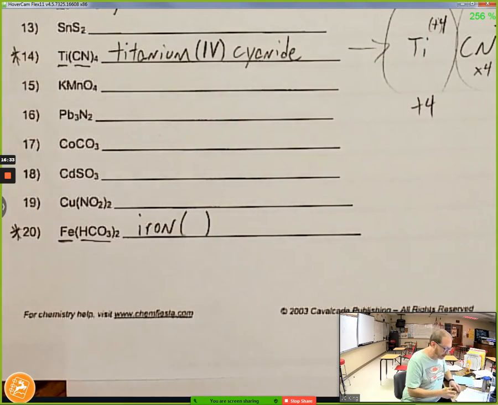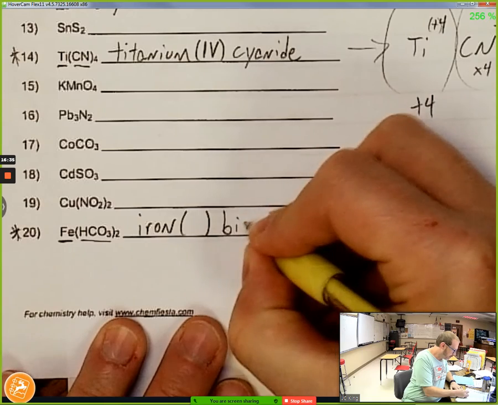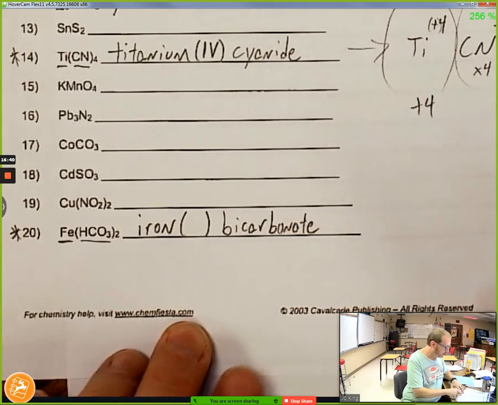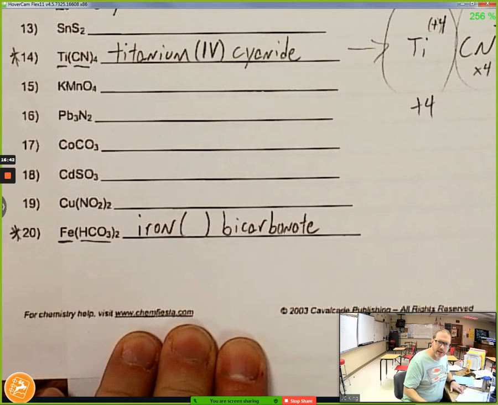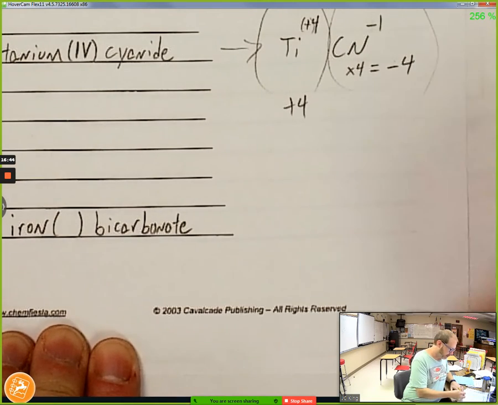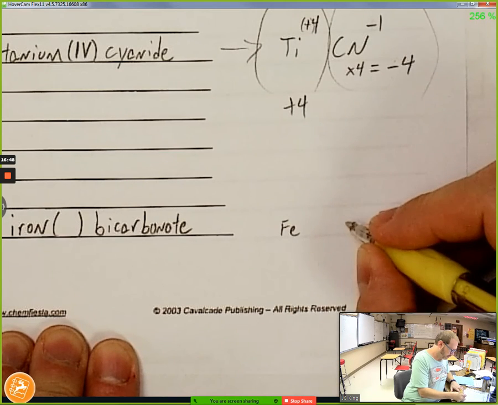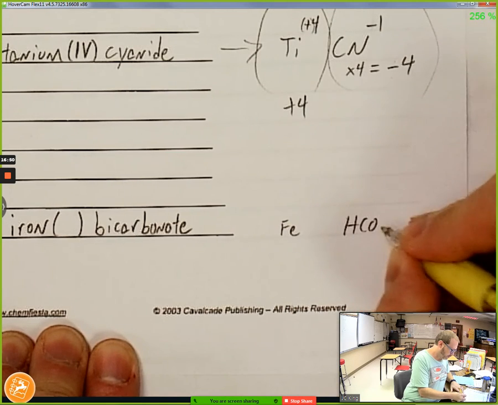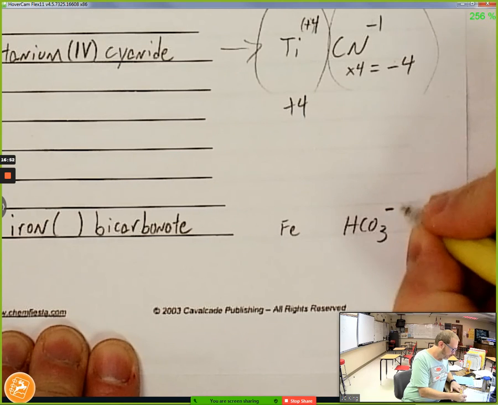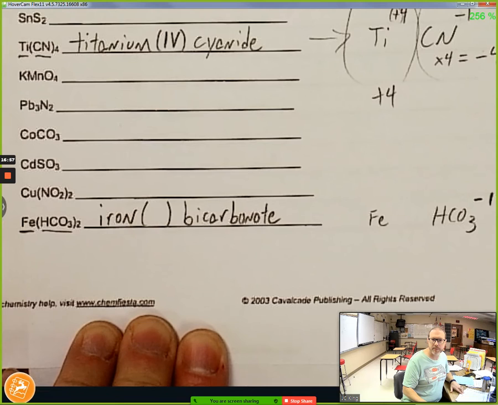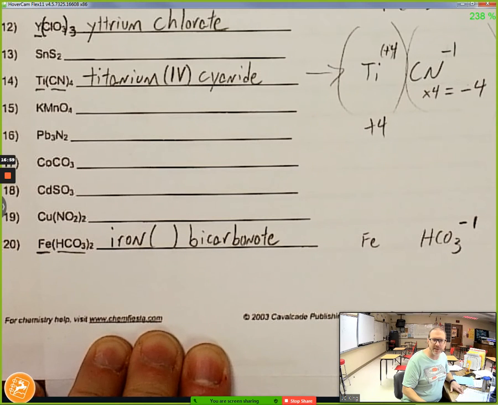So I'm going to go ahead and write for my name bicarbonate. Now, if bicarbonate has a charge of -1, look back in my formula to see how many of those we had. We had 2 of those bicarbonate ions.